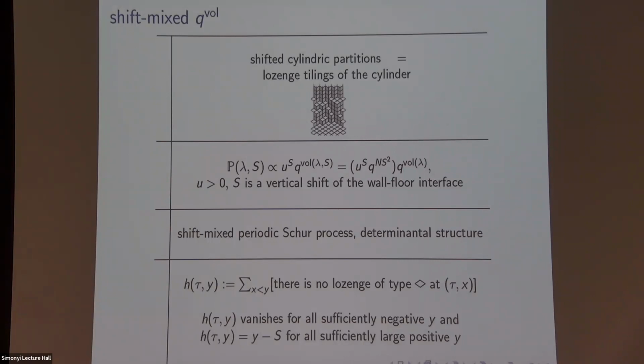For this special choice of distribution for the vertical shift, Borodin introduced the shift-mixed periodic Schur process, which became determinantal. So you need this vertical shift to go back to a determinantal structure. And actually, if we think about the dimer model, it is known to always have a determinantal structure. So this is a good sign that we have chosen the correct distribution for the vertical shift.